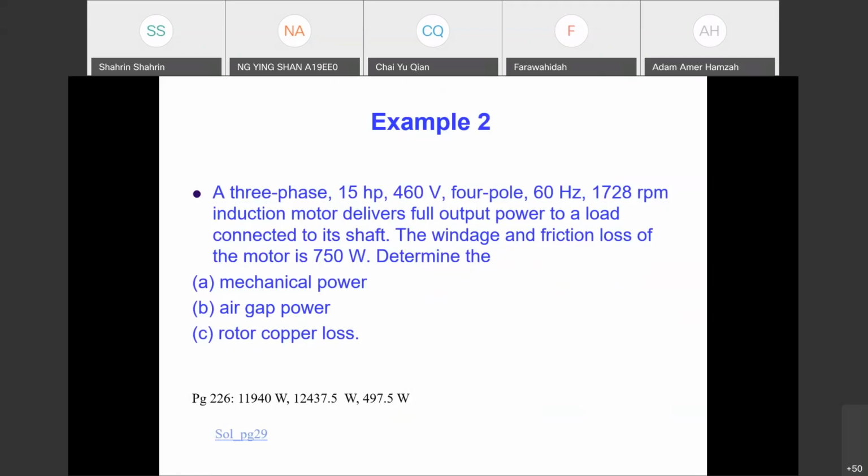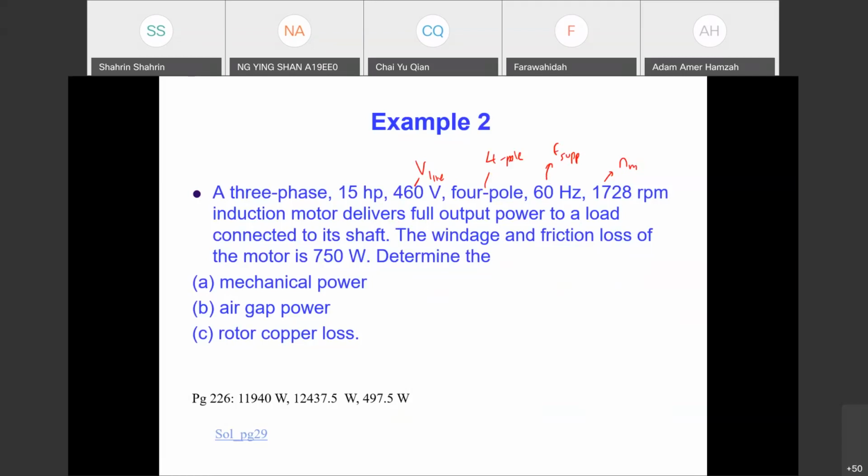Example 2 of the mechanical: a three-phase 15 horsepower, 460 volt. This one is your V line, 4 pole. This is your frequency supply, and this is your motor speed.